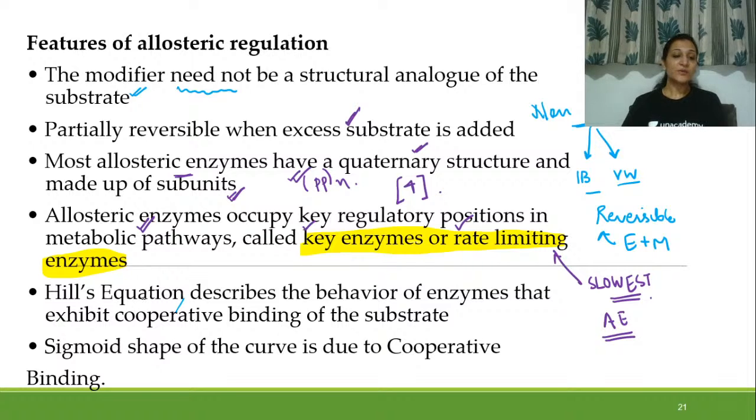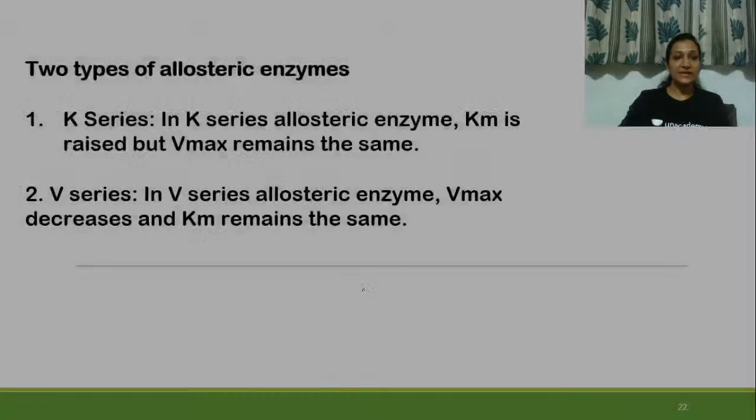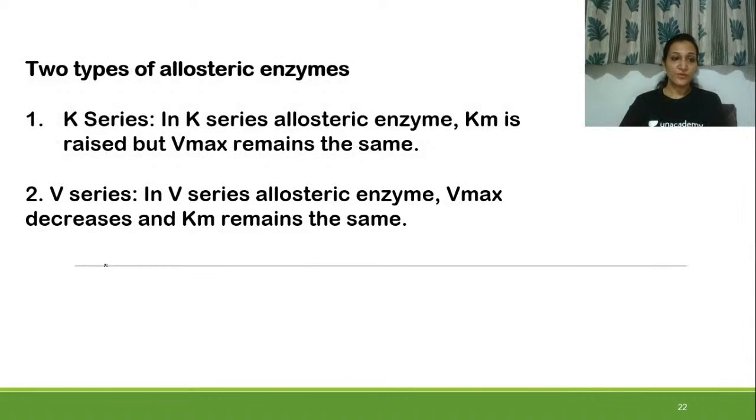Hill's equation describes the behavior of enzymes that exhibit cooperative binding of the substrate. In the next slide, I'll be telling you this. The sigmoid shape of the curve is due to cooperative binding. That means if there are 4 polypeptides in a particular enzyme, it will have 4 catalytic sites if all polypeptides are the same.